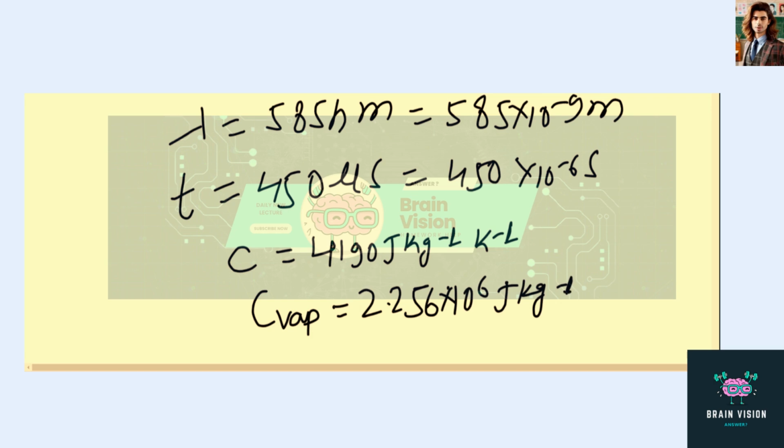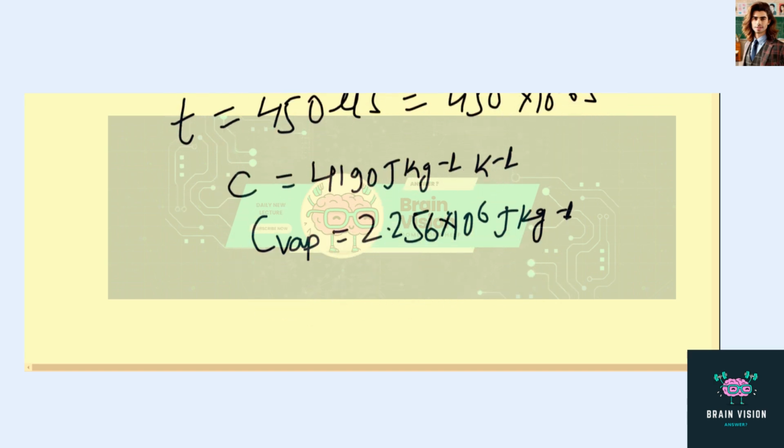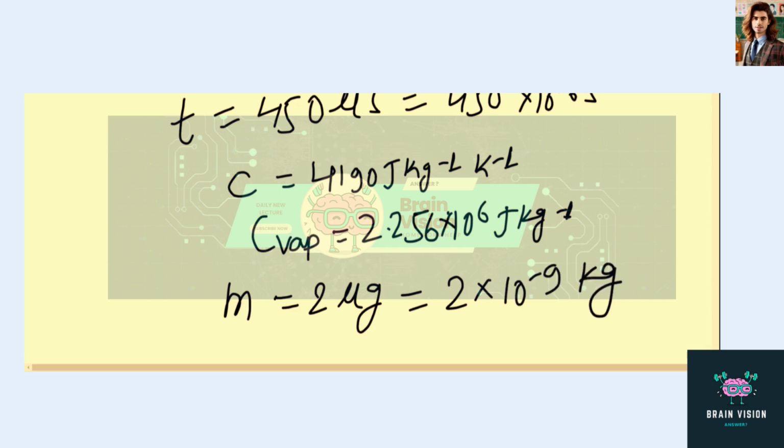This is the heat of vaporization which is given, and the amount of blood removed in each pulse is mass m equal to 2 microgram, and we can write it as 2 into micro meaning 10 to the power minus 6 gram, and in kg it will become 10 to the power minus 9 kg.